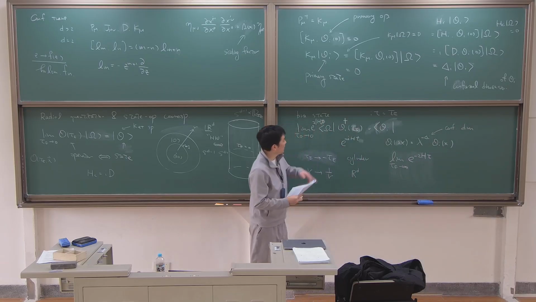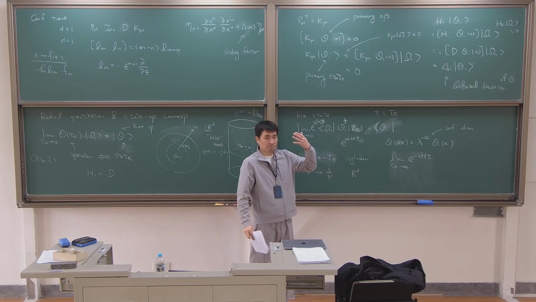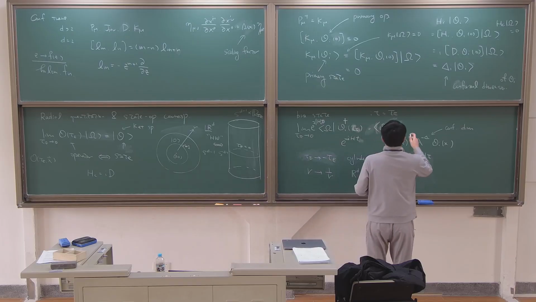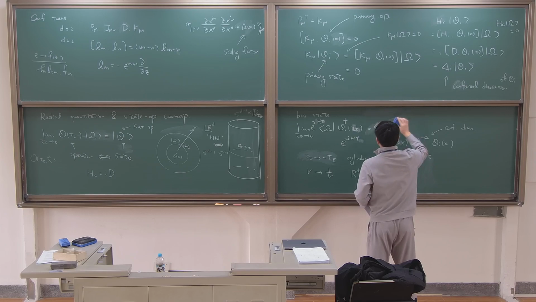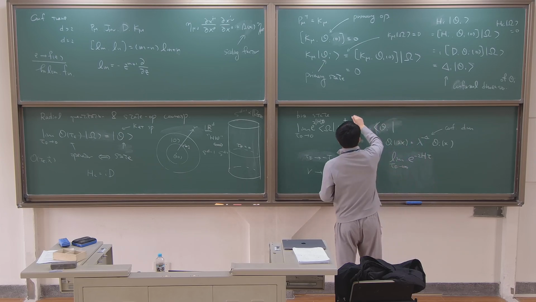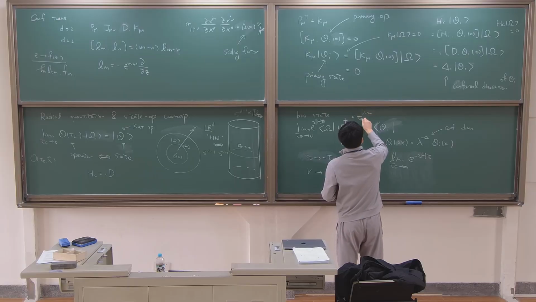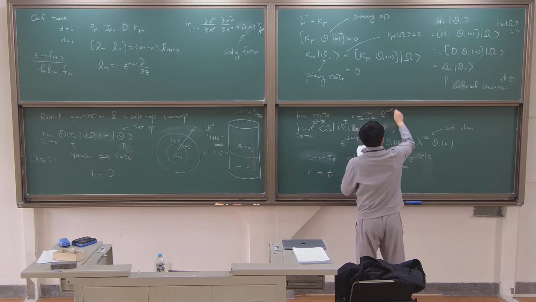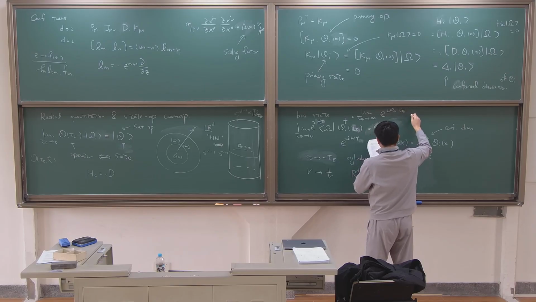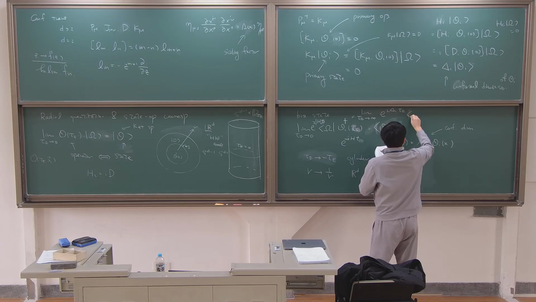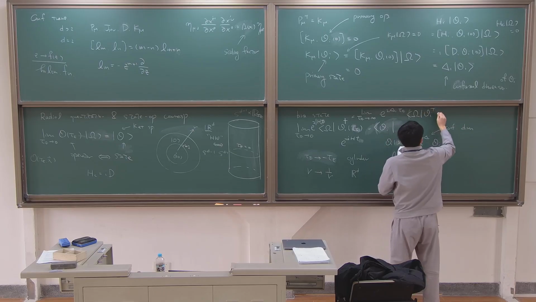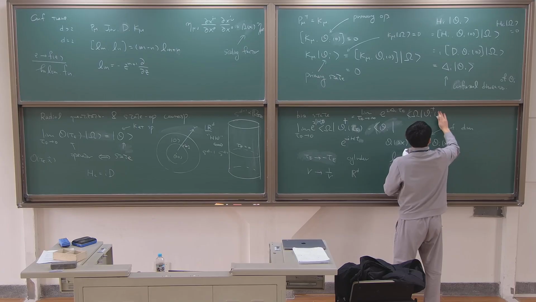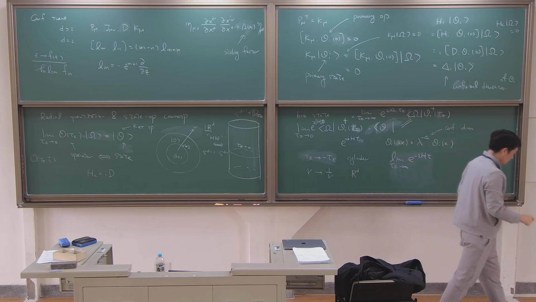Now, H acts on the operator as the dilatation operator. So therefore, what you get is that this is equal to the limit tau_E goes to infinity of e to the 2 delta_i tau_E, and then the operator O_i dagger of tau_E on the vacuum, and then this is equal to this.